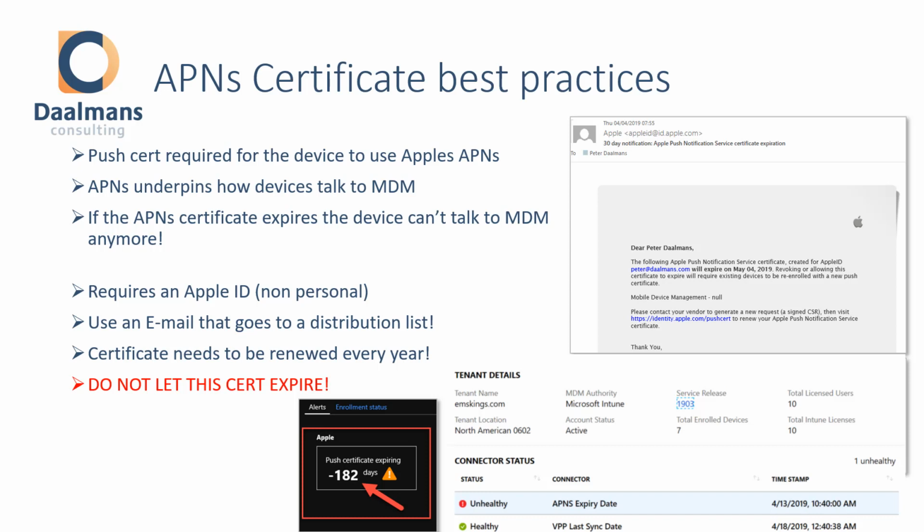But you can also see it in the tenant details. And if you have really messed up, you can see that your certificate has been expired for 182 days. This is a screenshot from Jeff Gilbert, a Microsoft PM, who didn't use his tenant that often, so I borrowed it from him.